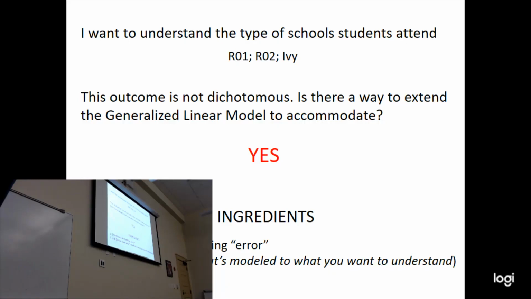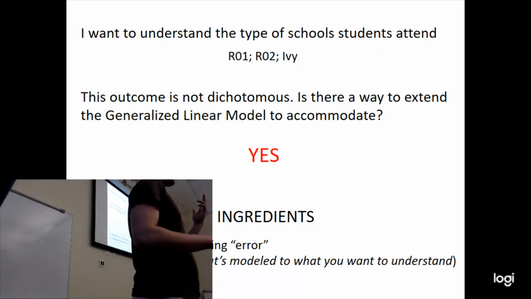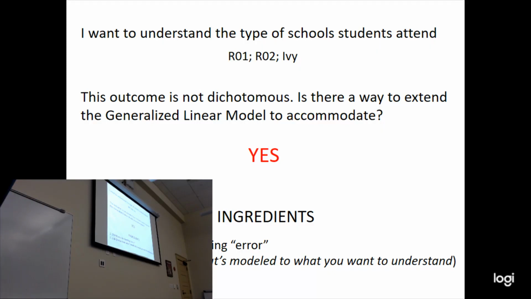So one tool is the distribution of the curve. We were working with binomial distributions just a moment ago. There are other distributions as well. Then the other tool is that mathematical bridge that translates what you want to understand to the thing that's modeled. You got those two things, and you can do a lot with the generalized linear model.